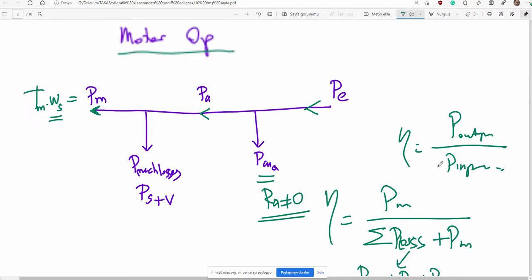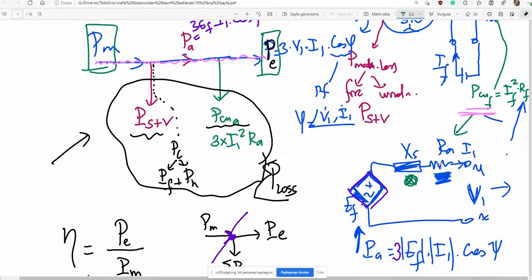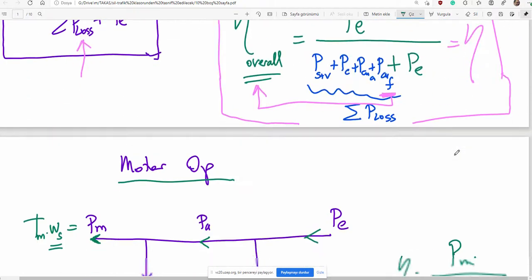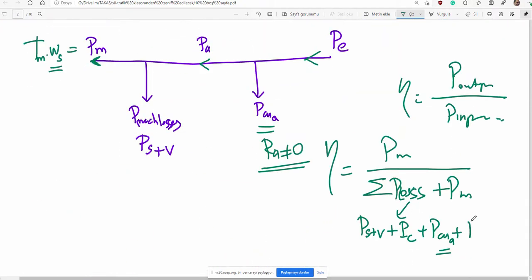Again, we generally neglect rotor losses. We generally do not deal with RF, but in case it is given, copper losses can be calculated and must be added here to calculate total losses. That is the efficiency equation for motor operation.